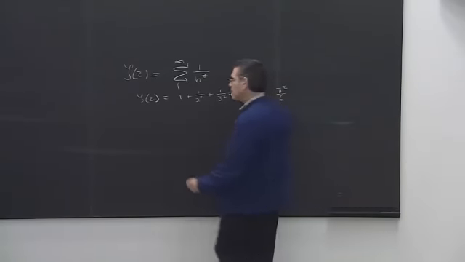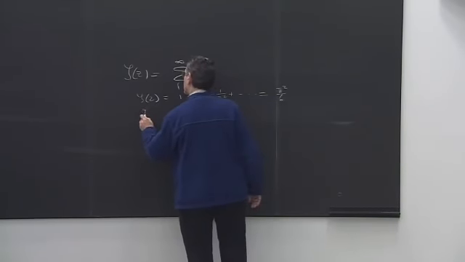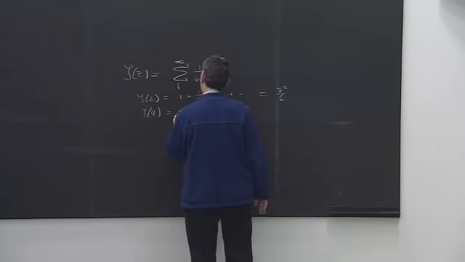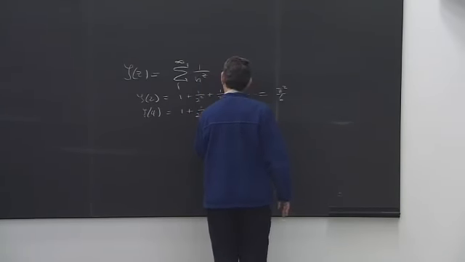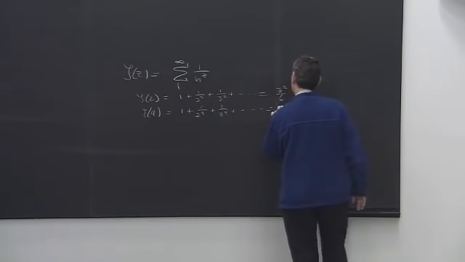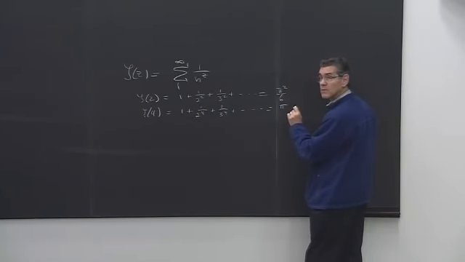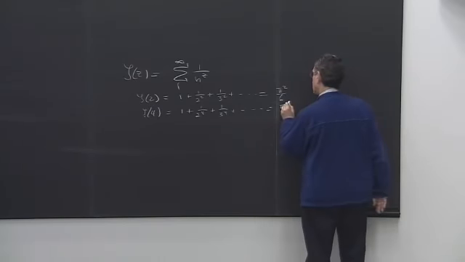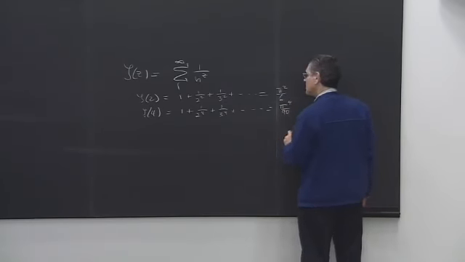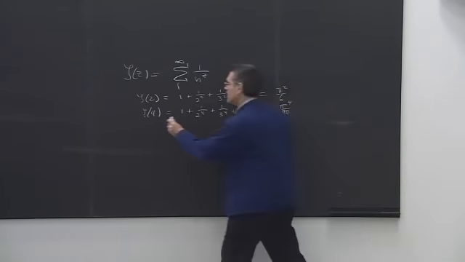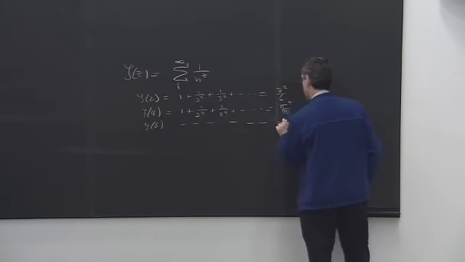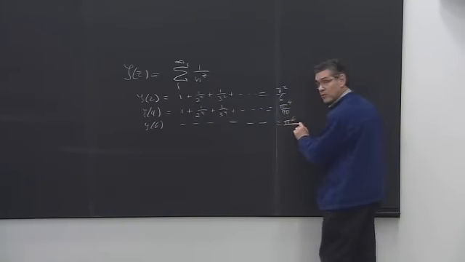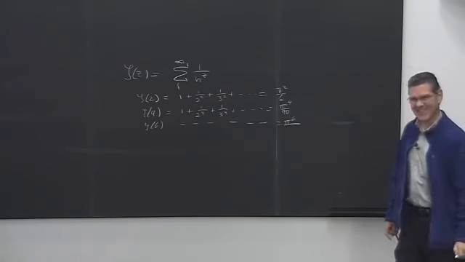And zeta of 4, 1 over 1 plus 1 over 2 to the 4 plus 1 over 3 to the 4, and so on. That's equal to, anybody know? That's right, pi to the 4 over 90. Pi to the 6, zeta of 6 is pi to the 6 over, ha! I win.